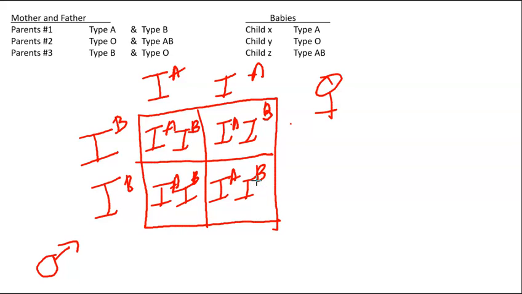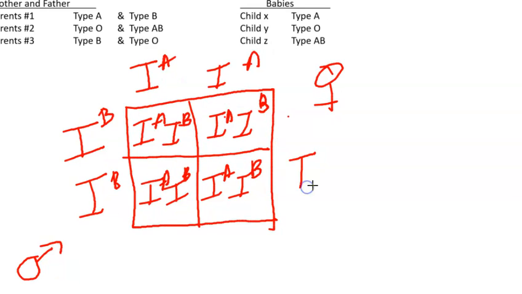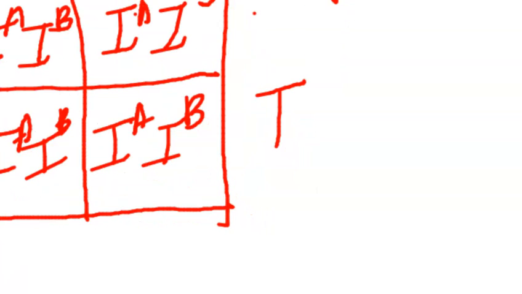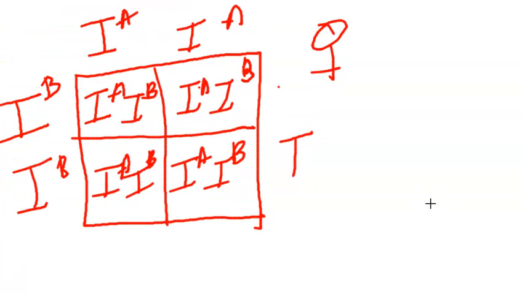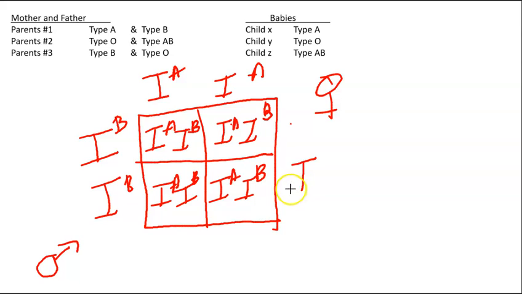Okay, so we do the different combinations, and we can see that the genotype IAIB is in 4 out of the 4 squares. So 4 out of 4, that makes it 100%. 100% in this combination that their children will be type AB blood.